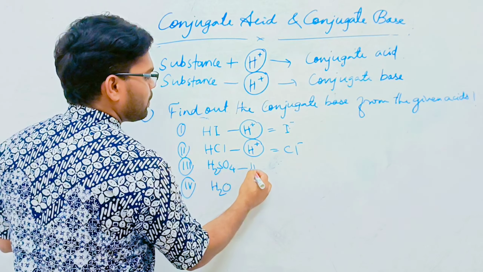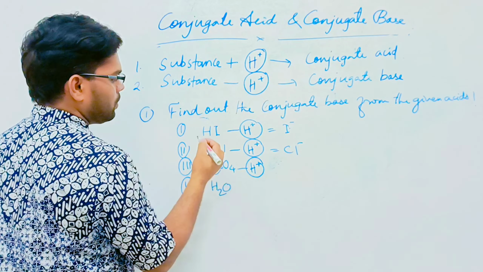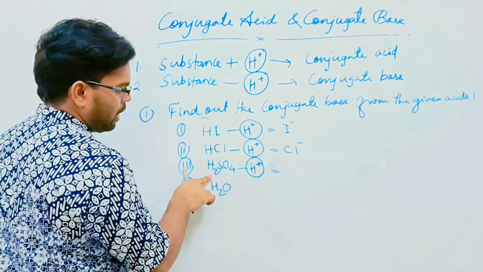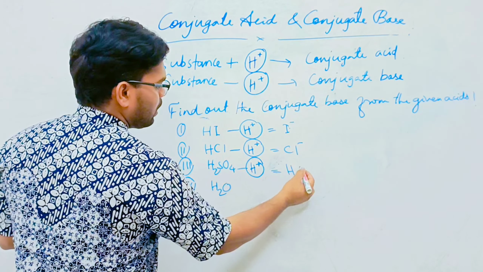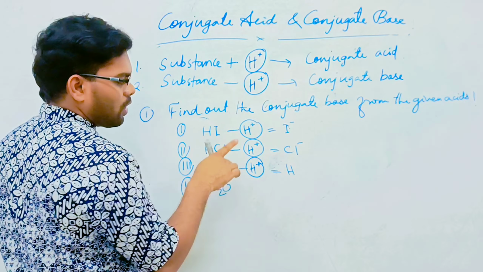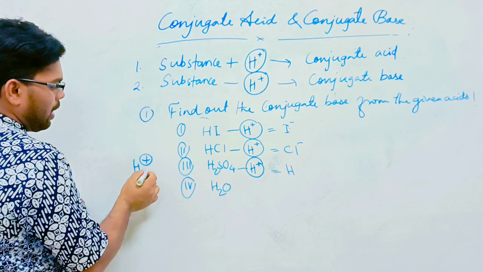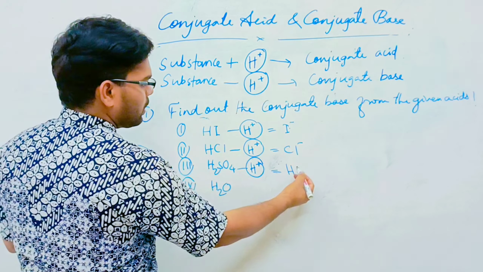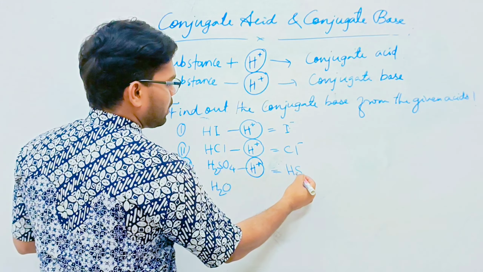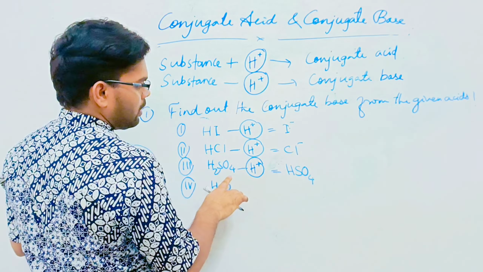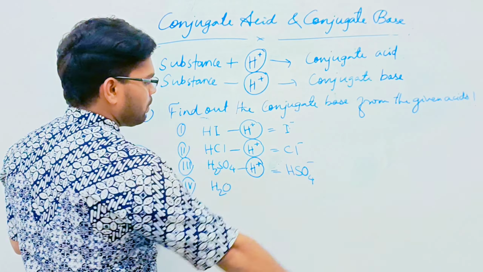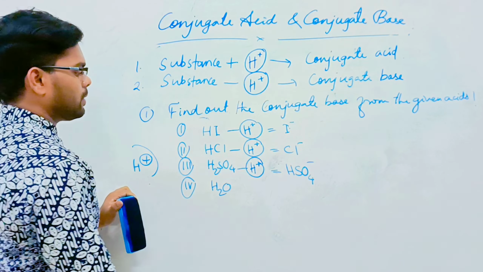Then for sulfuric acid, remove one hydrogen from here. After removal, here two hydrogens are there, it will become one hydrogen, and one H plus is already removed from here. Therefore, it will remain only one hydrogen and sulfate, so the minus is still there, it will be one minus.